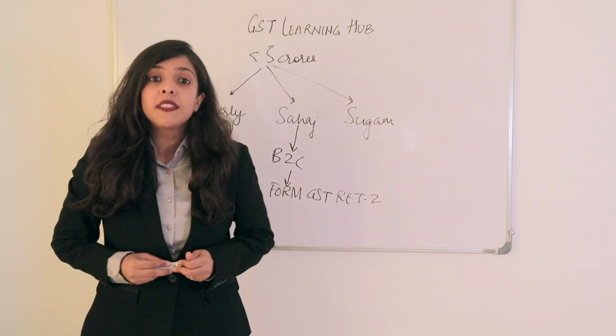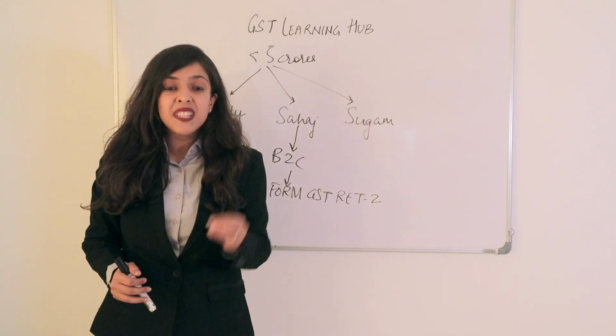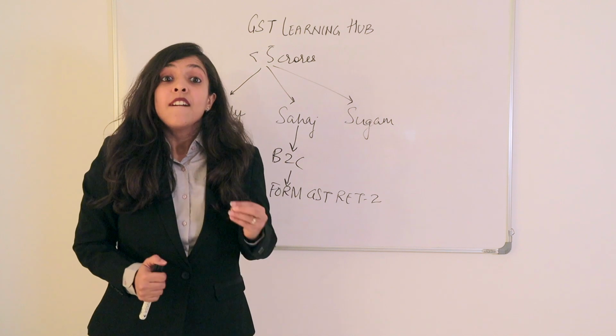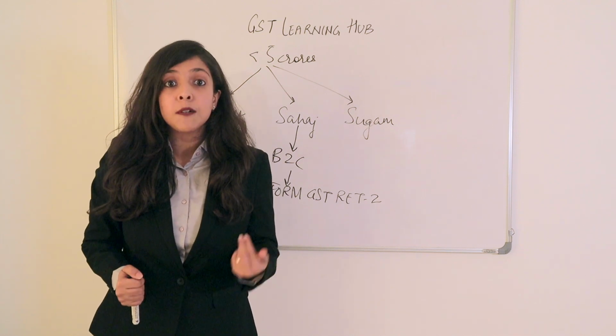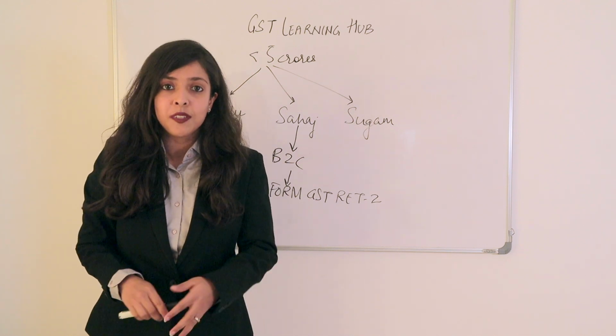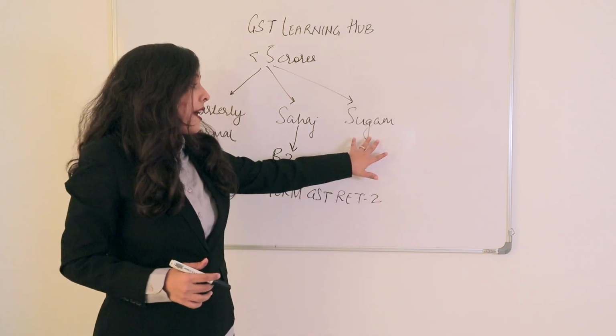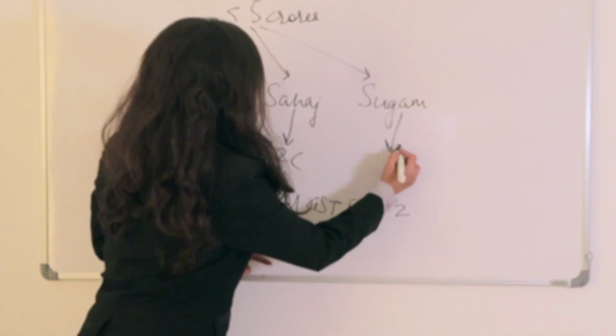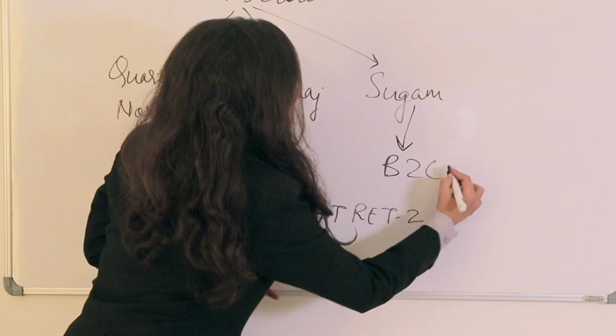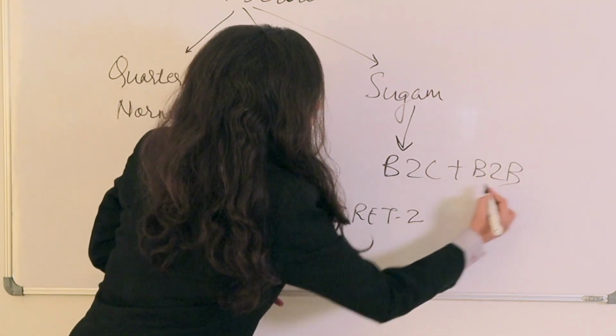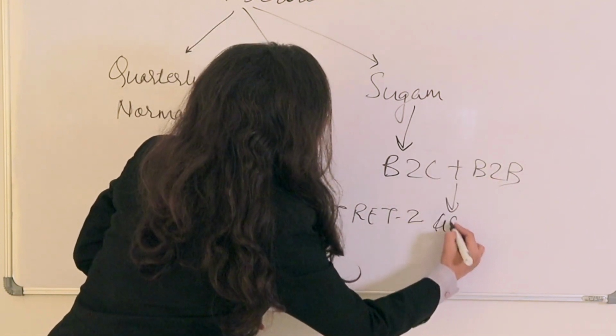But along with selling to consumers, if you have even a single transaction wherein you're selling to another registered person who is going to avail credit for the same, you can file the Sugam form in form GST RET3.